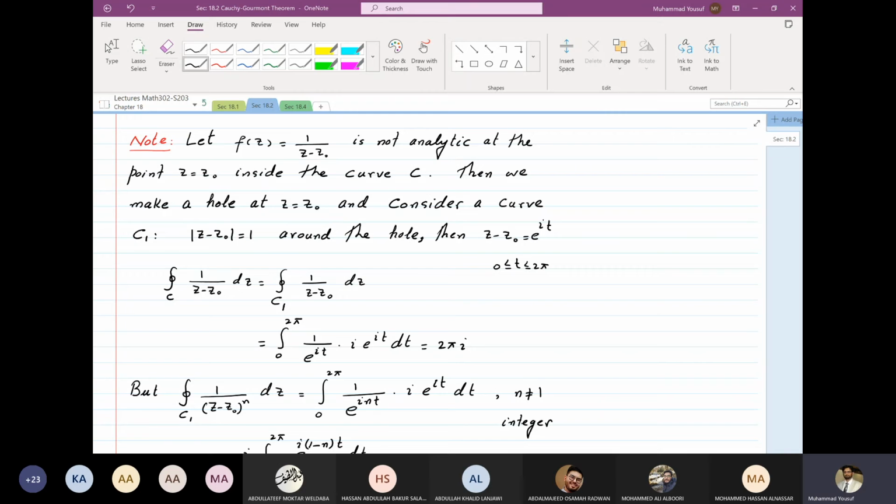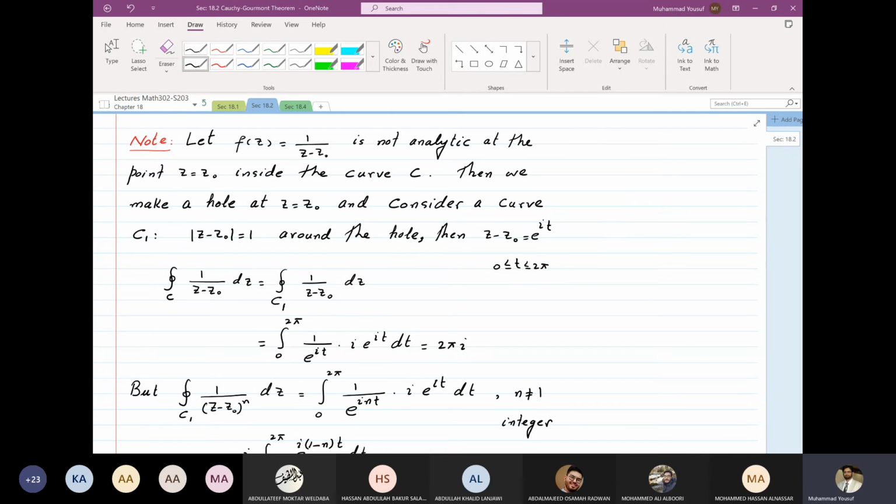Now z naught is gone, but there is a hole, so we bound this hole by a curve C1. Make a hole at z equal to z naught and consider a curve C1.